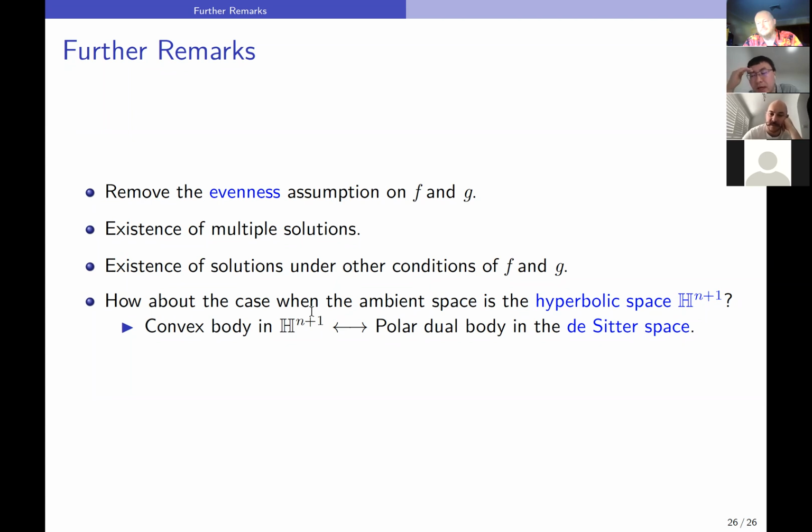Because in the hyperbolic space, once we know the value of the functional, we don't have the information about the shape or the volume of the convex body. So it's not that easy to relate the value of the functional with information of the convex body.